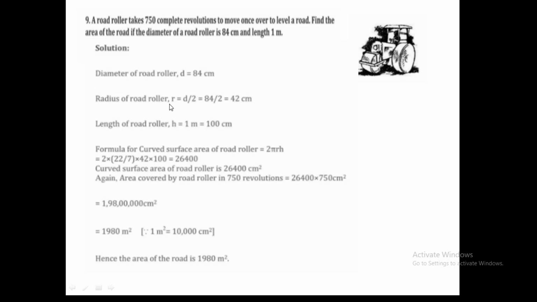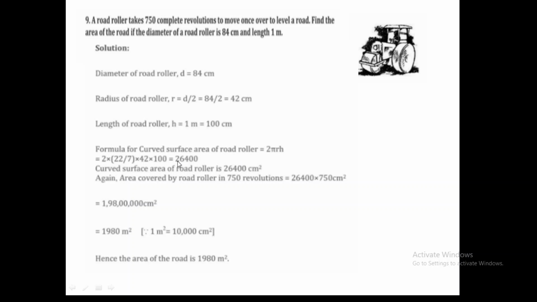So the diameter is 84, radius is 42 because 84 by 2. Length is 1 meter, we convert it into centimeter. Here one measurement is given in meter, another in centimeter. Convert both into centimeter. Then what is the curved surface area of the roller?